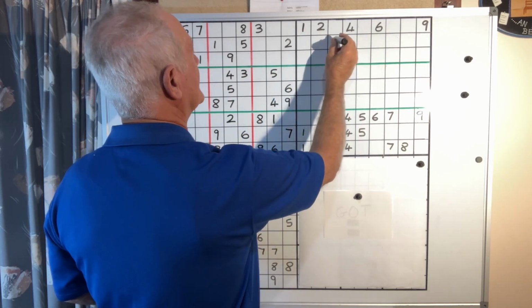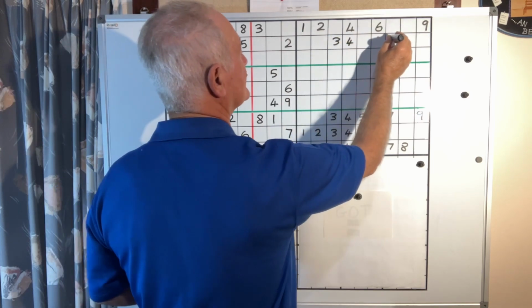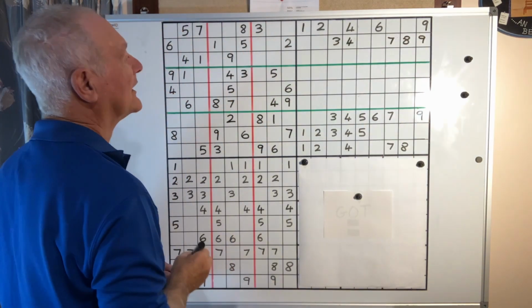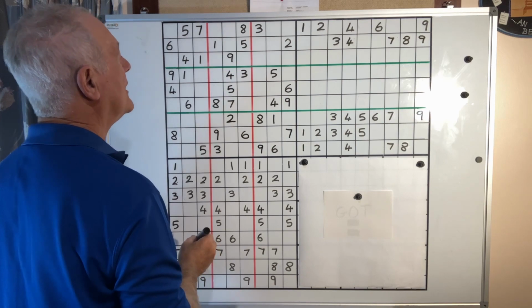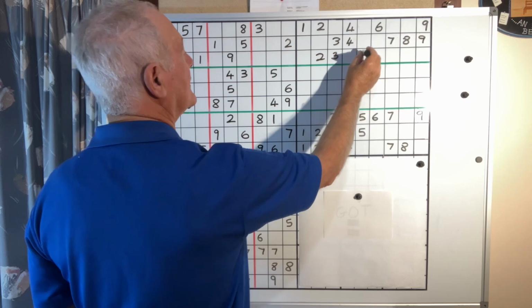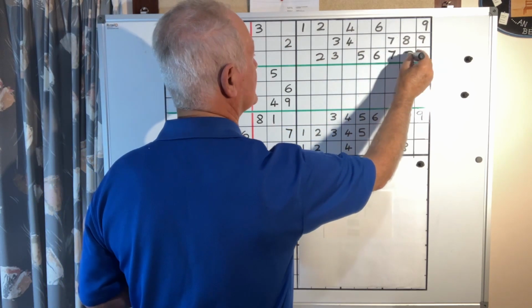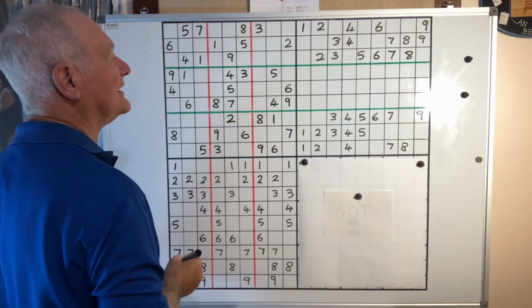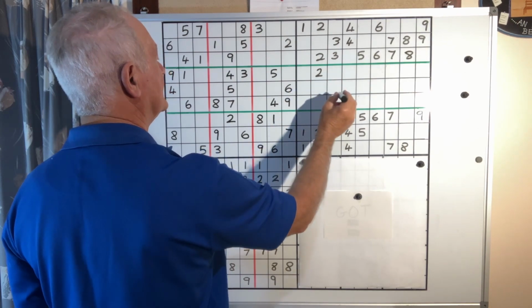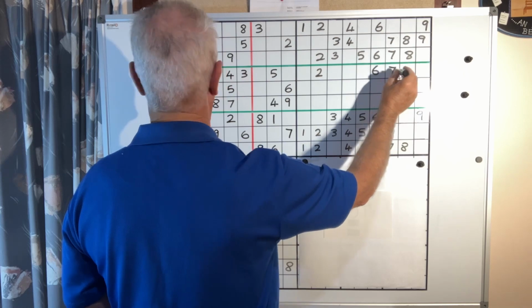1, 2, 3, 4, 5, 6, 7, 8, 9. Row 3, 1, 2, 3, 4, 5, 6, 7, 8, 9. Next row, 1, 2, 3, 4, 5, 6, 7, 8.